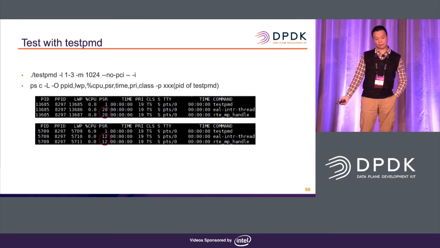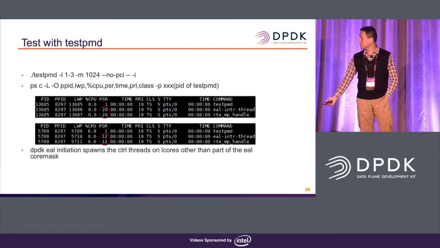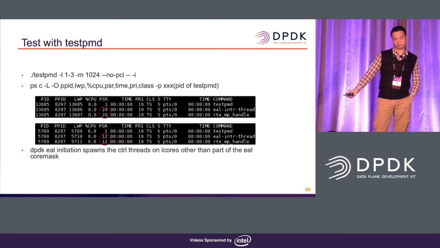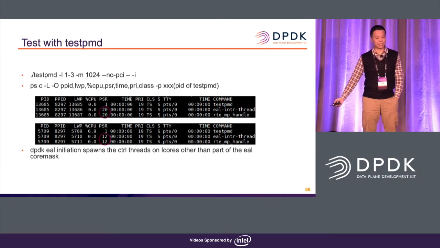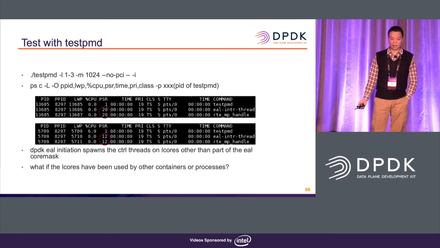Neither of these two are in the TestPMD's parameters. And we checked the code of DPDK. We found DPDK EAL initialization spawns the control threads on lcores other than the part of the EAL core mask. What if those lcores have been used by other containers or processes?